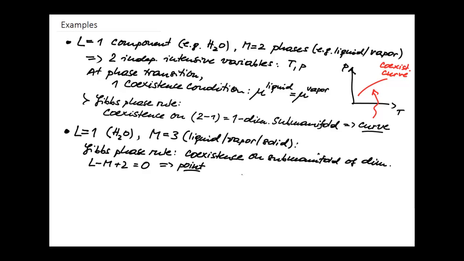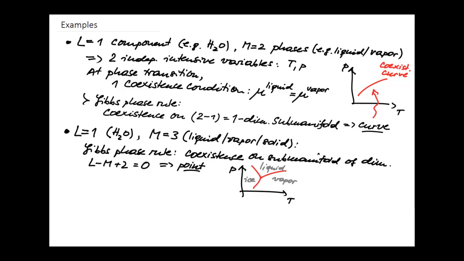And indeed, when you look at the phase diagram of water, you have here the coexistence curve for liquid and vapor, but then you also have, at low temperatures or high pressure, the solid phase, which is ice, and there are coexistence curves roughly of this shape.